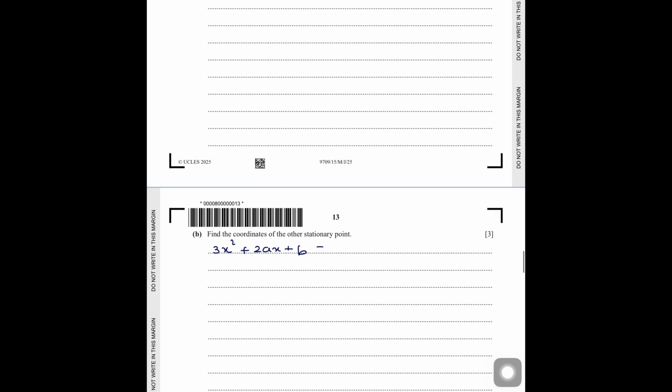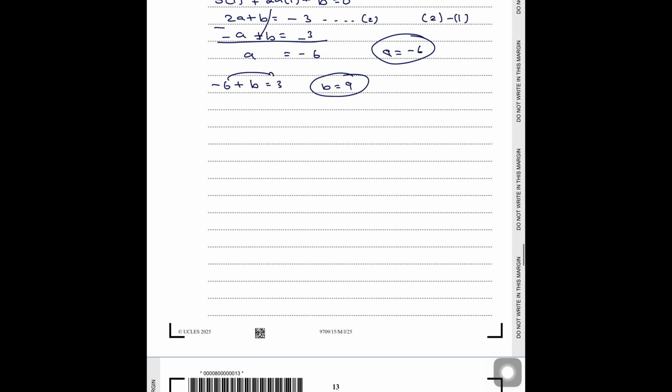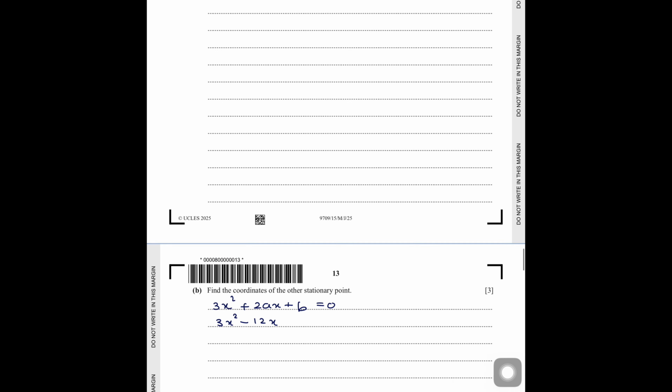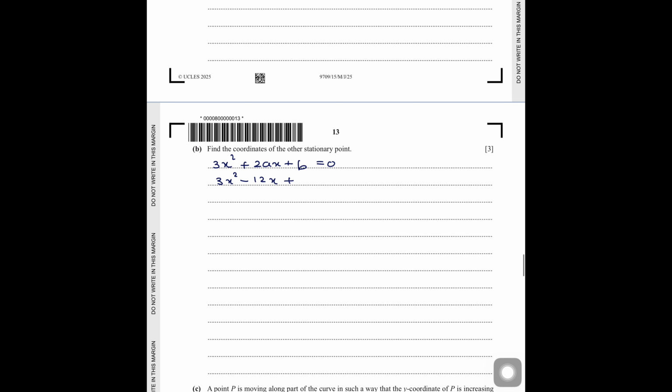At stationary point, dy over dx is 0. A is negative 6, b is 9. So 3x squared plus 2 times negative 6, negative 12x, and b is 9. So divide by 3. So x squared minus 4x plus 3. So x minus 3, x minus 1.